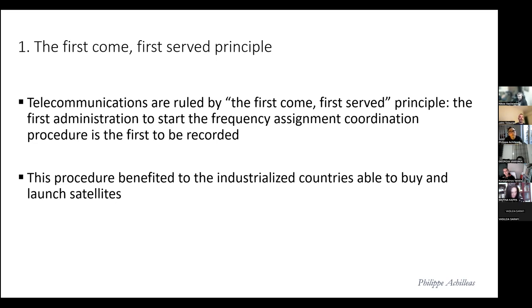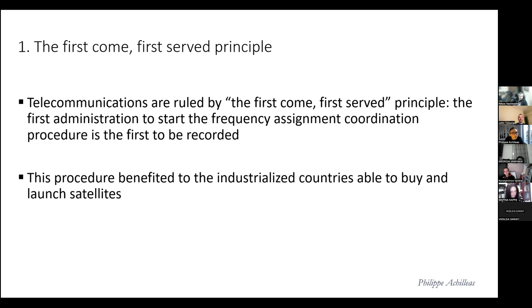But usually, countries and operators proceed to replacement of the satellite in orbit before the end of life of the satellite. So they continue to use the frequencies and the position. So it's like they were keeping their rights forever.